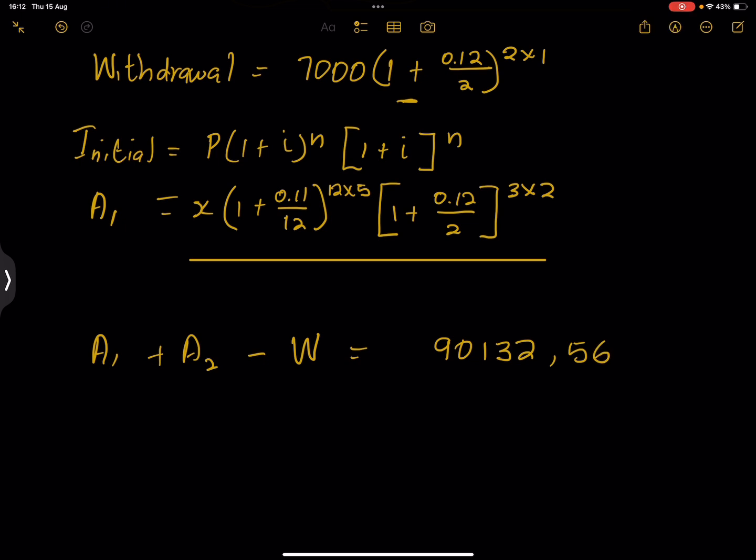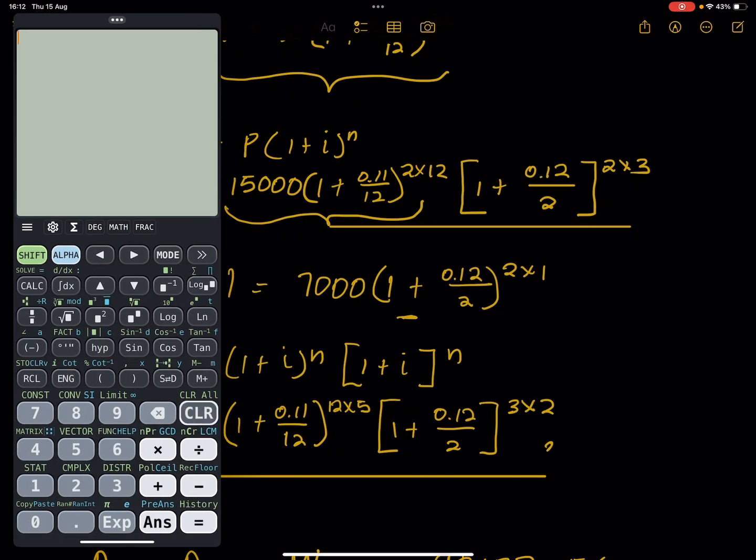So now let's find out. In terms of accumulated amount 1, I'm just going to keep it as A1, but the two amounts I'm going to add together, let's do that. So I'll say 15,000 into 1 plus 0.11 over 12, and we close that bracket.